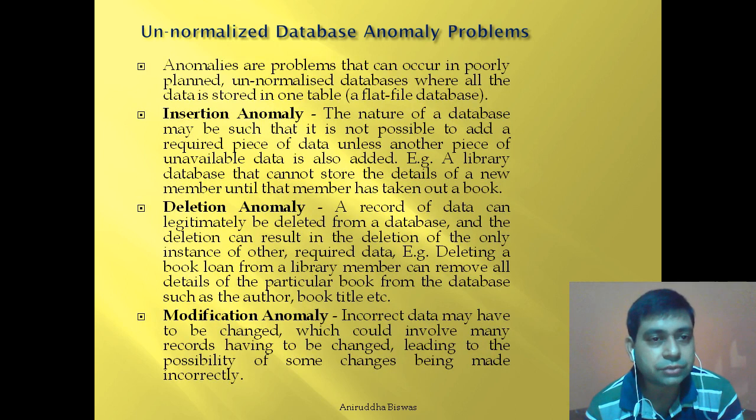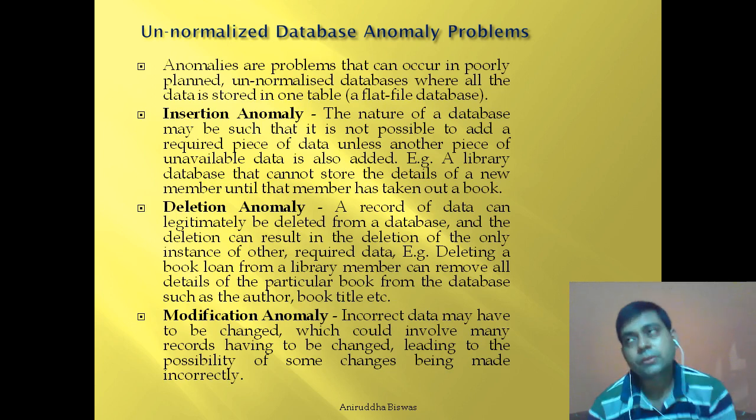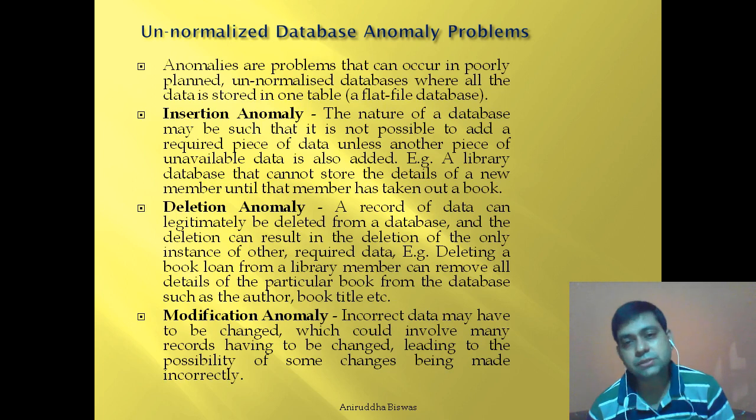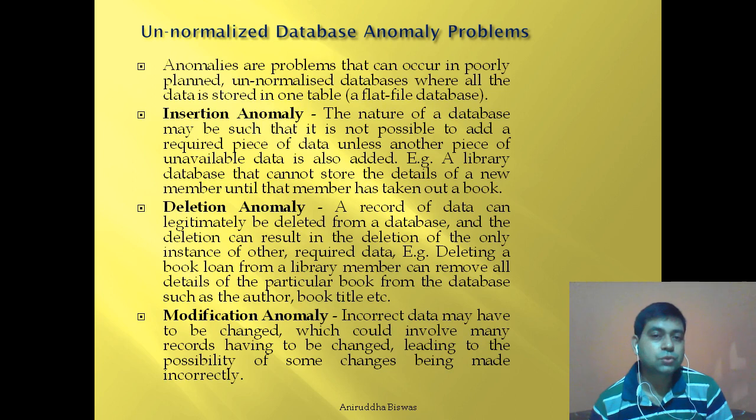So if we start with the insertion anomaly, basically if we give an example, a library database that cannot store the details of a new member until that member has taken out a book, right? So if a member has not yet taken a book, till then we are not able to insert the data, because the person who is going to borrow books, that data is going to be stored in a single table.